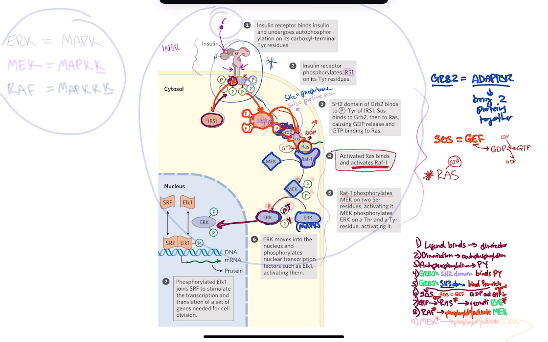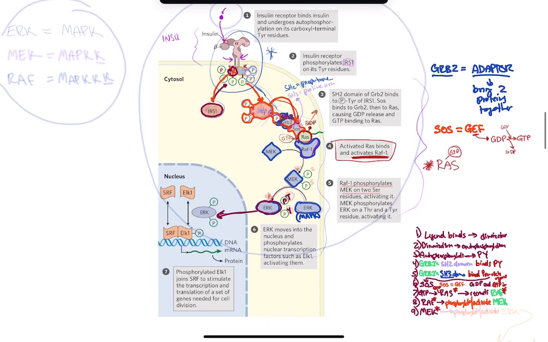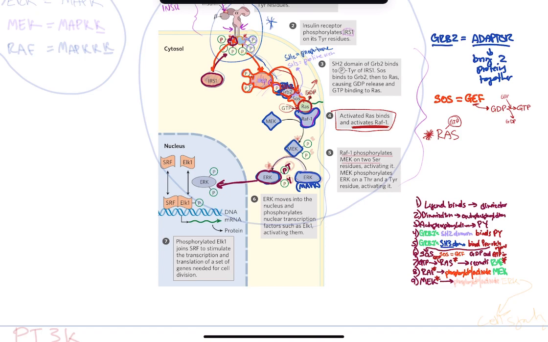Right? Now we have MEK. Remember, the MAPK ERK kinase. MEK, which is now active. Active MEK will phosphorylate/activate ERK, and then ERK will go on to do the rest of the cell signaling.